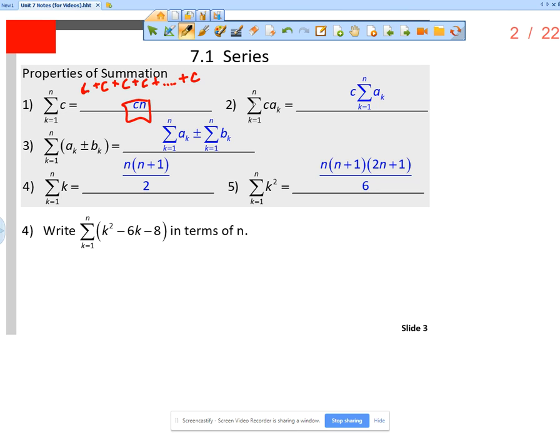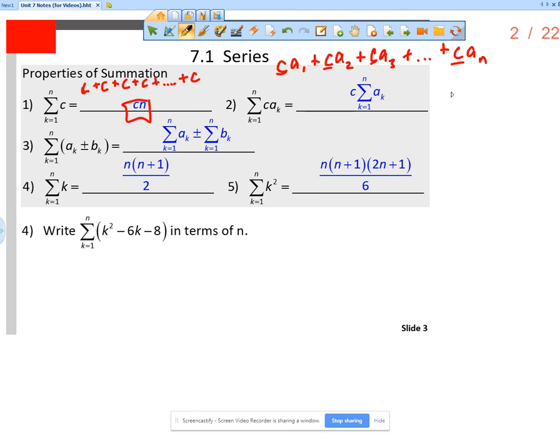All right, here I have the sum from k equals 1 to n of c times a sub k. So k is a subscript. That means the first term would be c times a sub 1 plus c times a sub 2 plus c times a sub 3, and so on until you get to n, and you would get c times a sub n. So what you should realize is that every one of these terms, all these things added together, have a c. So we could factor it out.